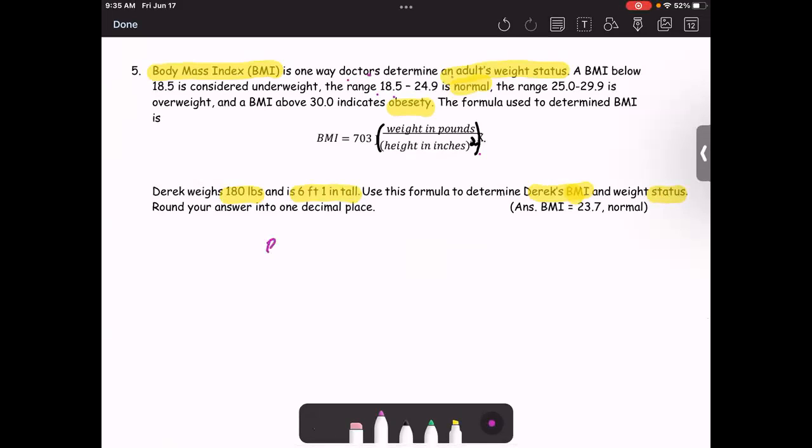What do we need to know? The body weight, which is the numerator of the quotient, so 180 on the top, divided by another number that we're going to use in the denominator, which would be the height. We need it in inches.